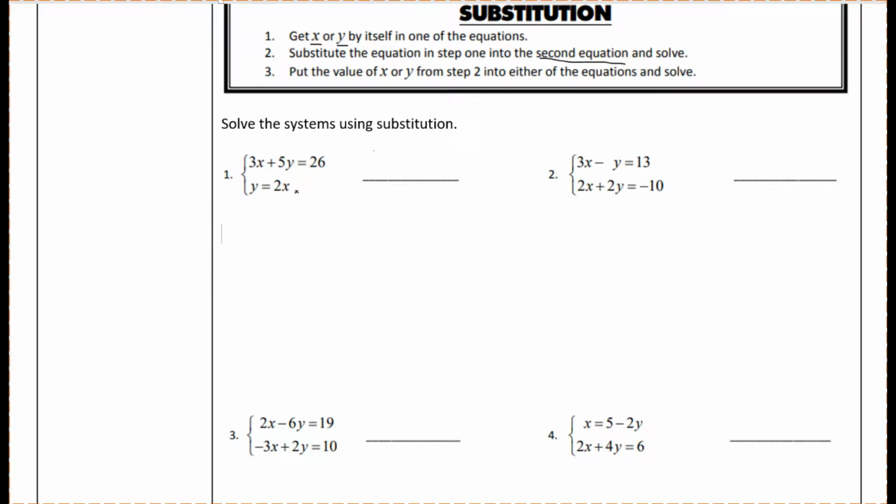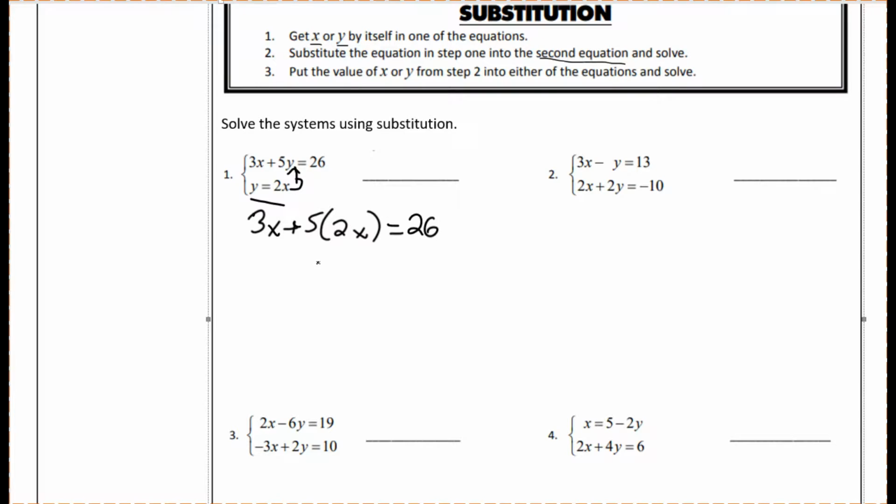Since we know that y is 2x, we can plug 2x into y up here. So we have 3x plus 5 times 2x, because y becomes 2x from the equation below, equals 26.